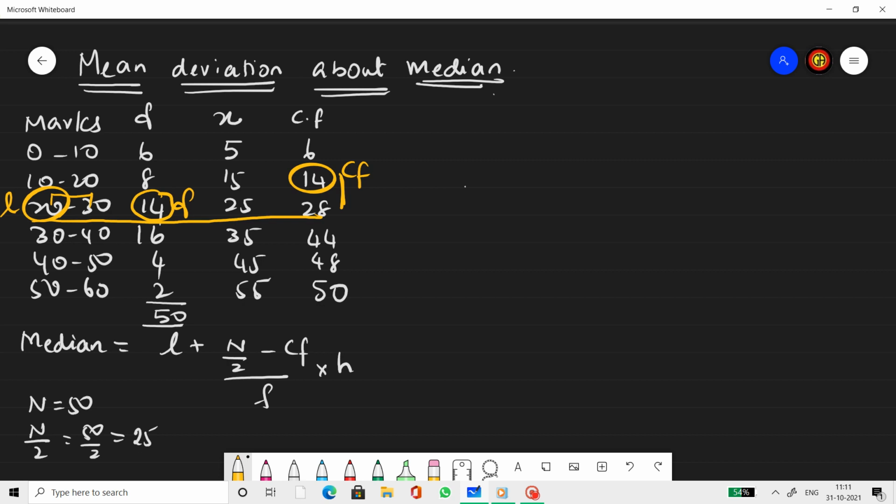So I'm going to find the median now using this formula which I stated. So L value 20, n by 2 is 25, CF 14, F is also 14, H which is 10. Now, remember there is a bracket over here, so you need to multiply with 10 first, then you can add with 20.